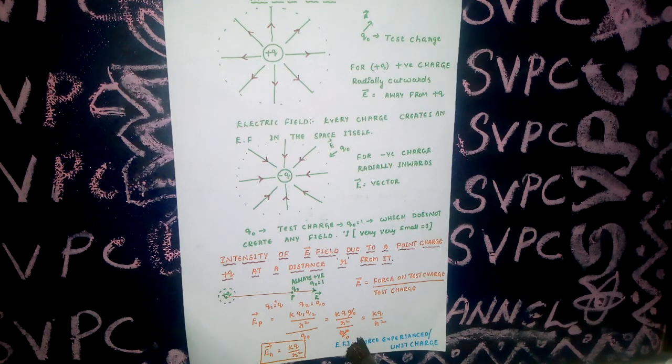Electric field intensity means the force experienced per unit charge. That is what I have given here: E is equal to the force on the test charge divided by the test charge. The force experienced per unit charge is called the electric field intensity. Field intensity means strength.